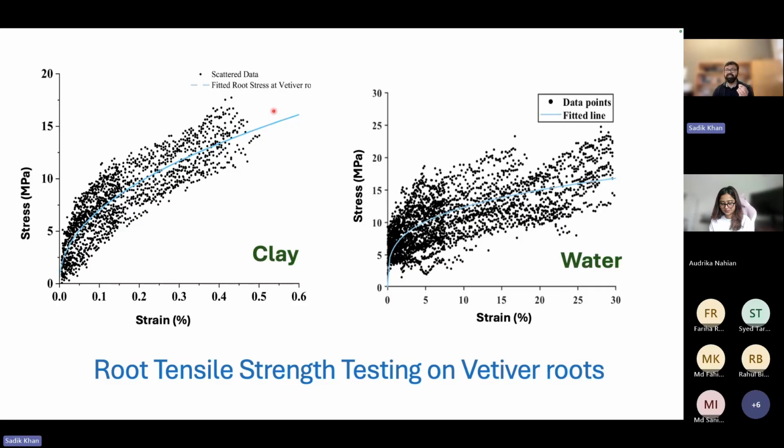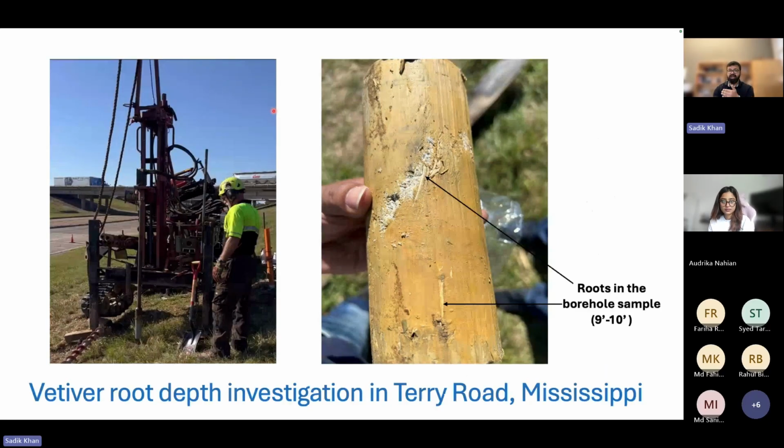When the vetiver root is young, it acts very ductile and its load carrying capacity is not very high, but its tensile strength becomes very high. On the other hand, in a mature plant, the load carrying capacity goes up significantly because the diameter of the vetiver root is pretty high.